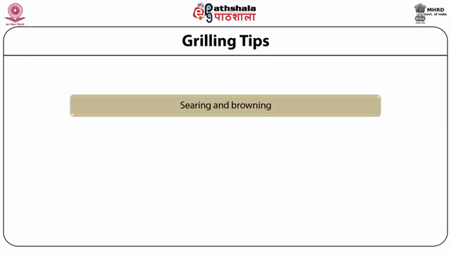Always preheat your grill so the meat browns quickly. Because the heat is intense, care should be taken to avoid overcooking lean meats that can dry out. For best results with thinner beef or lamb steaks, sear them fast to develop color and flavor. Then let them rest in a warm place for a few minutes before serving.